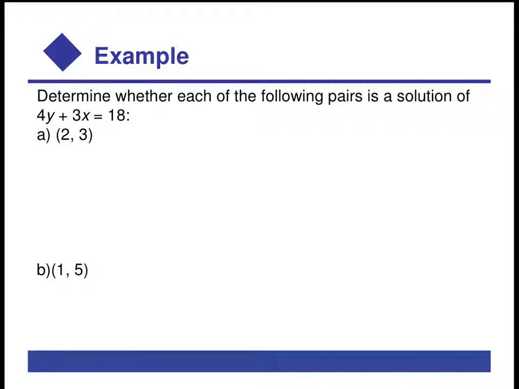All right, now, the next problem says to determine whether each of the following pairs is a solution of the equation 4y plus 3x equals 18. So basically, you just plug in. This is your x value. This is your y value. So you're doing substitution. So 4 times 3, plus 3 times 2 equals 18.